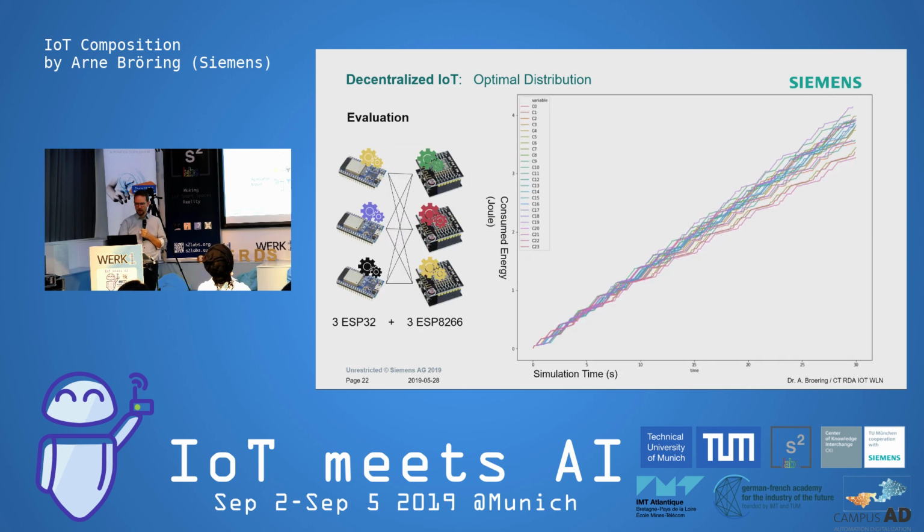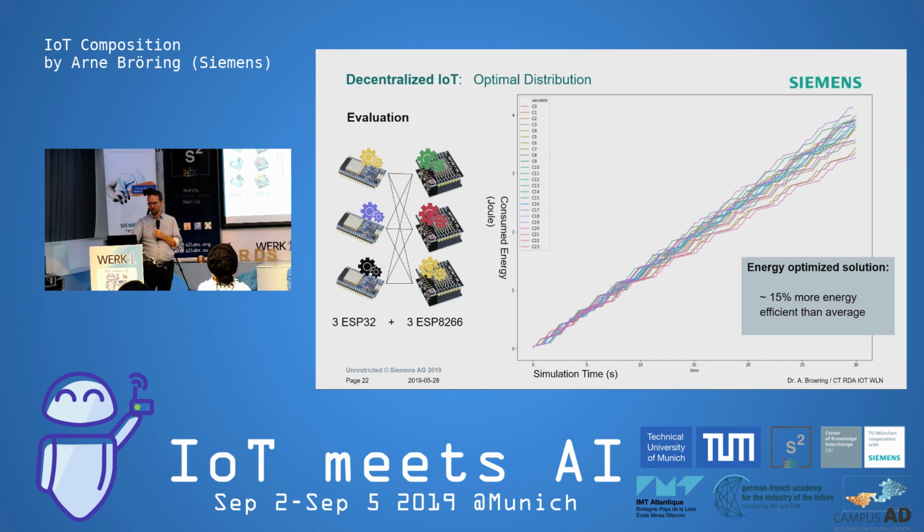We evaluated this in a small scale setting with 6 devices, and we optimized towards energy consumption because we were interested in this wireless constrained environment. We found that our solution was 15% more energy efficient than the average of all the other possibilities.